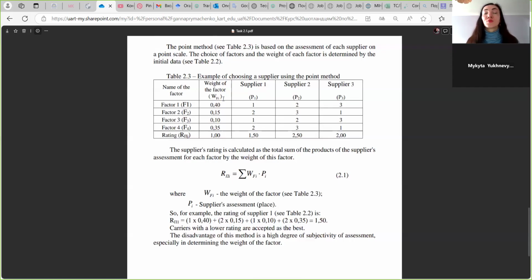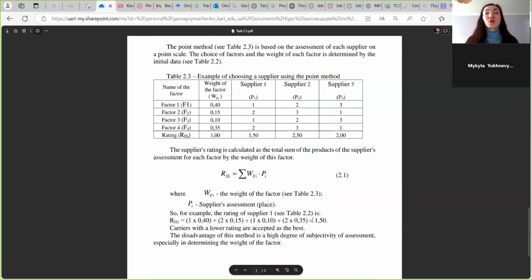So 1 multiplied by 0.40. 2 multiplied by 0.15, 1 multiplied by 0.10, 2 multiplied by 0.35. But we have 6 factors, so we continue to the next 2 factors and calculate what our rating will be.